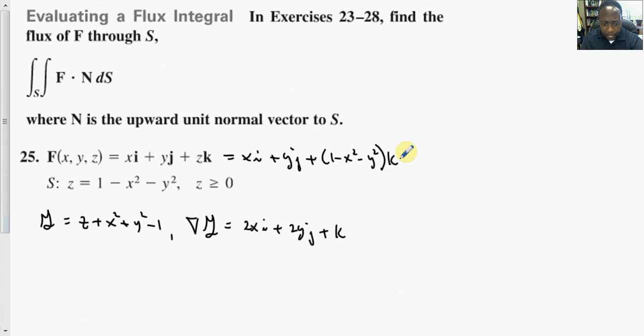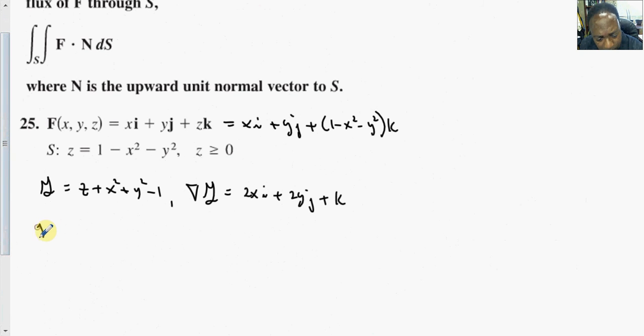Okay. Now, what's the region? Find R. You have to let z equal to 0 here, and so that gives you 0 is equal to 1 minus x squared minus y squared.